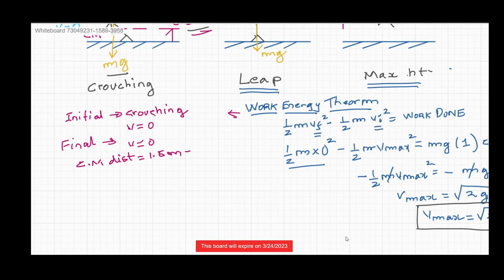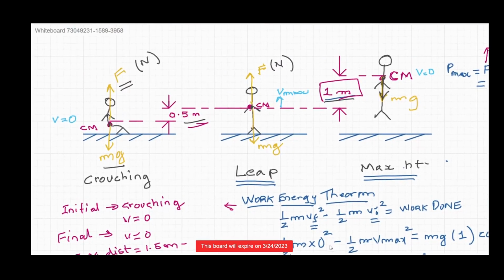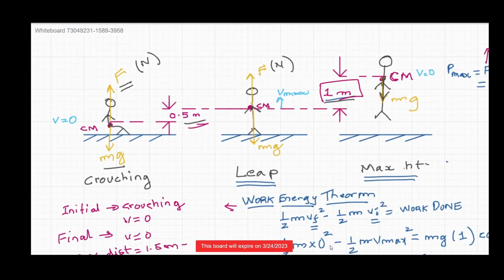Fine. Now the second part is, if you see the force. For what distance is the force acting, or for what distance is the normal reaction acting? If you see in the diagram, the force acts on him only from the crouching to the leap position and not from the crouching to the maximum height position. So the force will act only from the crouching to the leap position, which is a distance of 0.5 meters.